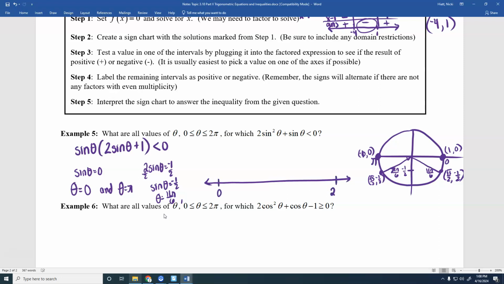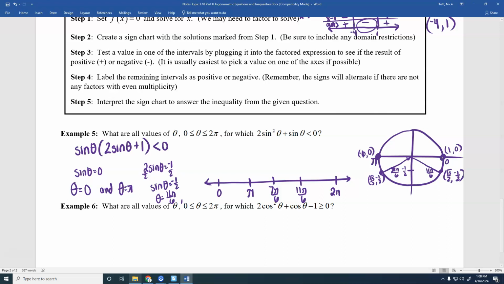I want to go to 2 pi. So think about going around the unit circle. The first one we would have would be pi. Then we would get 7 pi over 6. Then the next one would be 11 pi over 6. And then we would be back to 2 pi, which would be 0.